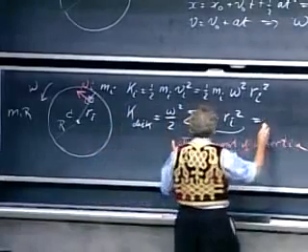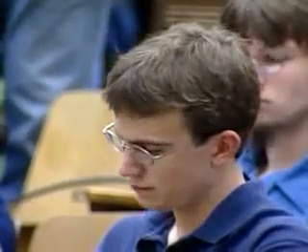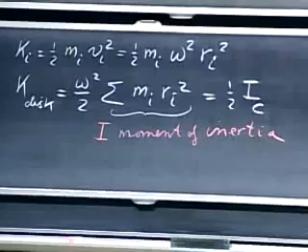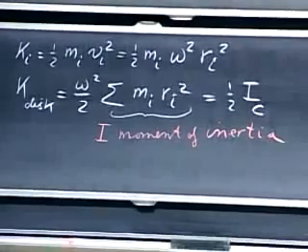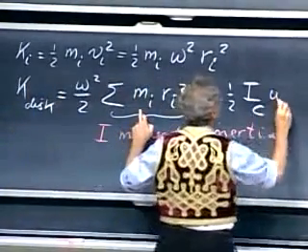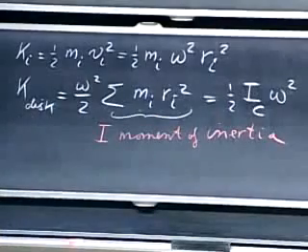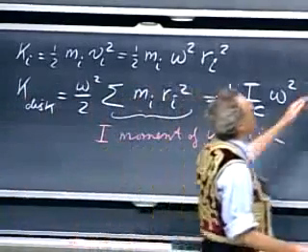So this can also be written as 1/2 I, I put a C there, you will see shortly why, because the moment of inertia depends on which axis of rotation I choose, times omega squared. And when you see that equation, you say, hey, that looks quite similar to 1/2 mv squared.